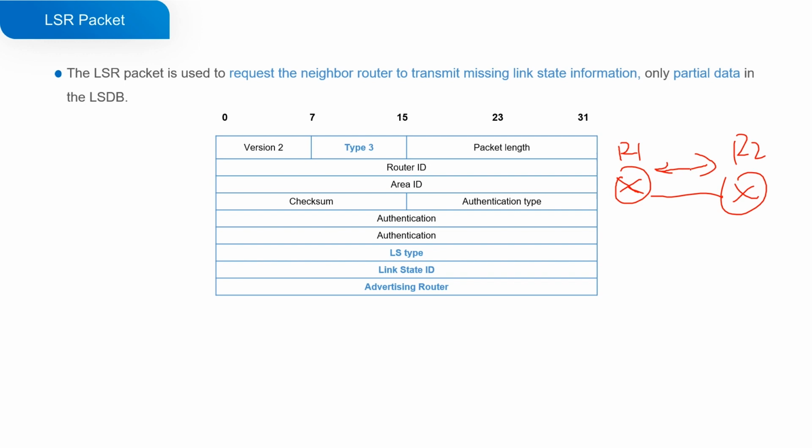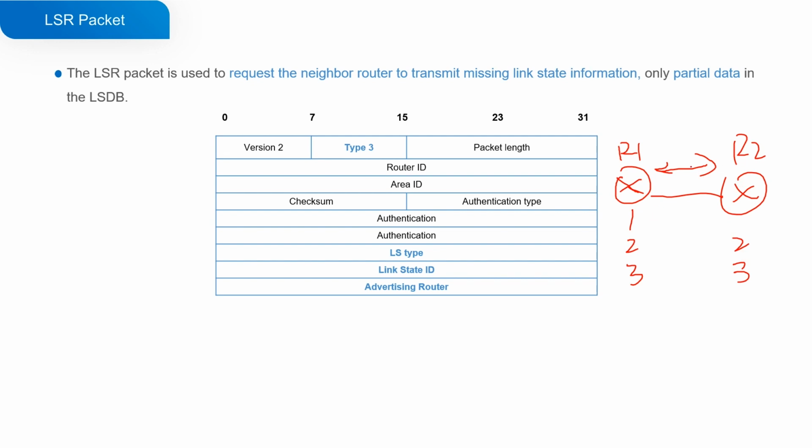After we exchange the DBD information, maybe R1 has the 1, 2, 3 LSA information, and R2 has the 2, 3 information, but R2 doesn't have LSA 1.